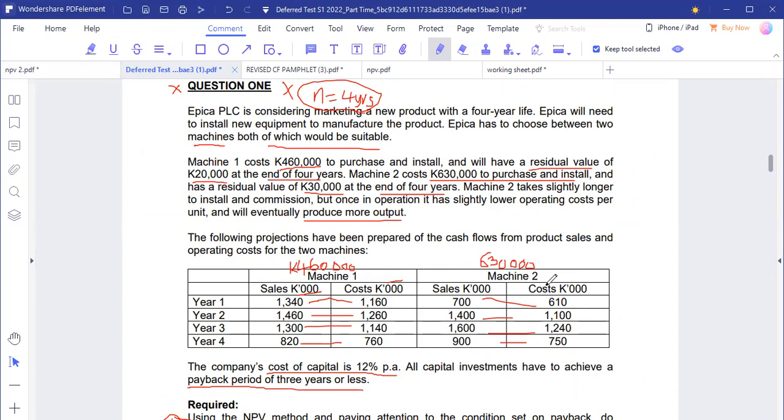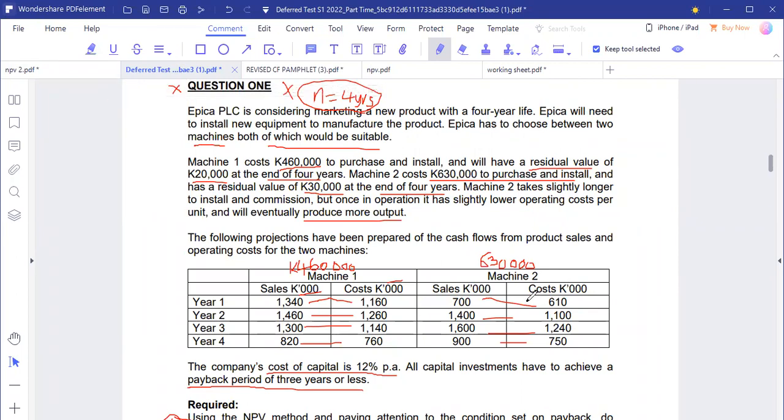So here, to find the present values for each of these years, the net cash flows, we subtract the cost of sales from the sales, so that we get the value for the net cash flows for each of these years, year 1 through to year 4.